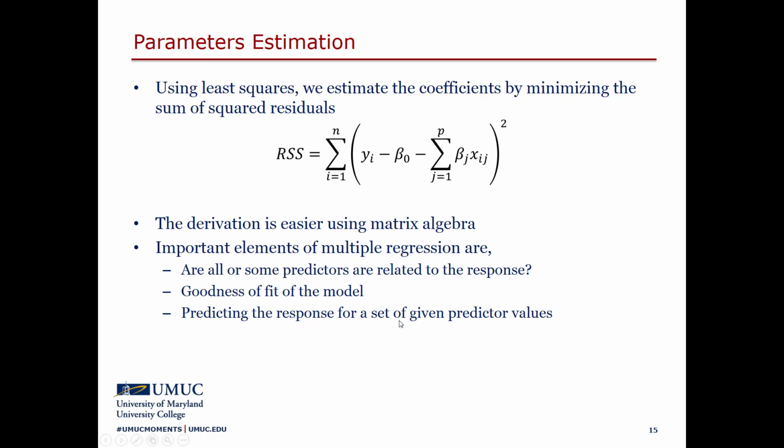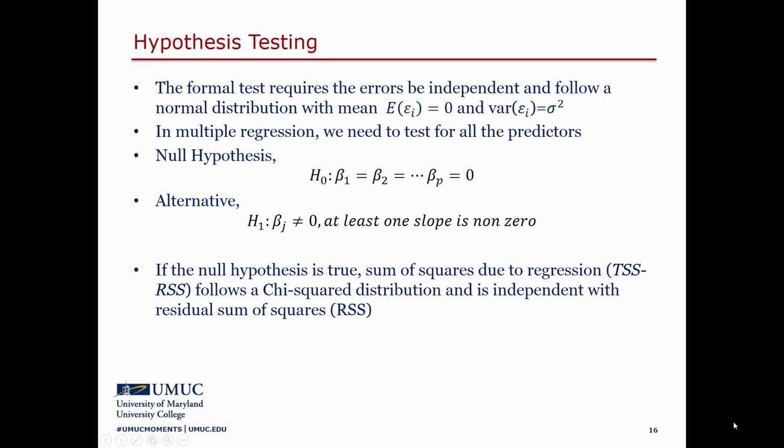So the important elements in multiple regression are, since you have many variables as explanatory variables or predictors, whether all or some of the predictors are related to the response variable. Part of determining that relationship involves multiple predictors and the goodness of fit of the model, which we have seen for single linear regression as well, and predicting the response for the set of predictors that are included in the model.